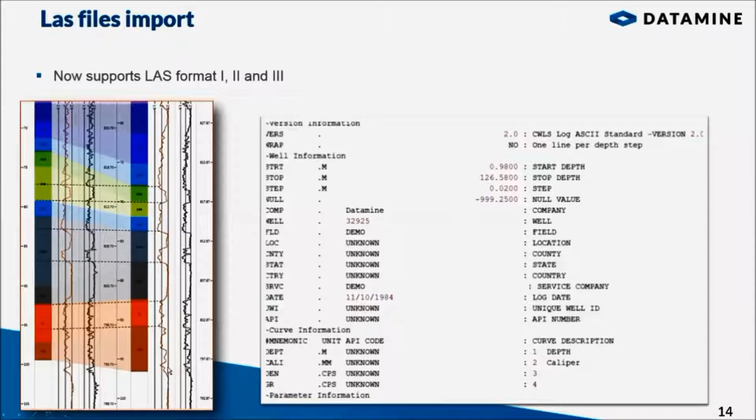So there's a lot of information in there, and typically these files have a big header section, so you need specific software to understand them. What makes our LAS file import quite unique is that we can do batch import of LAS data, so it's not one file at a time. You point it to a folder and then you import your LAS data.